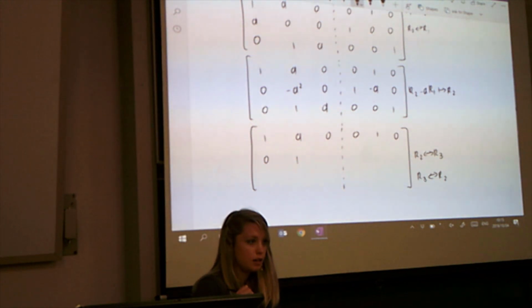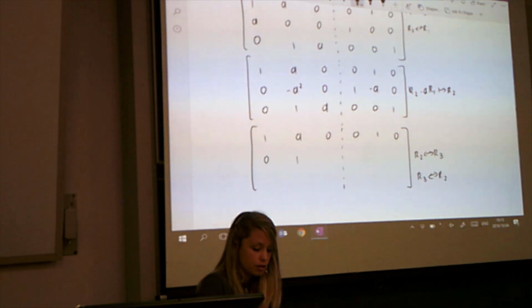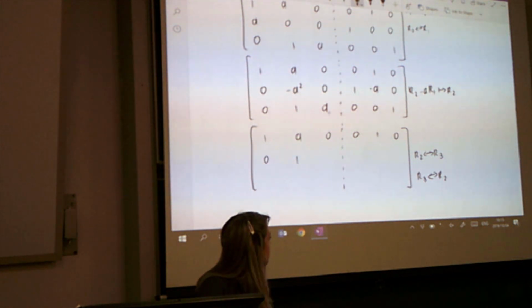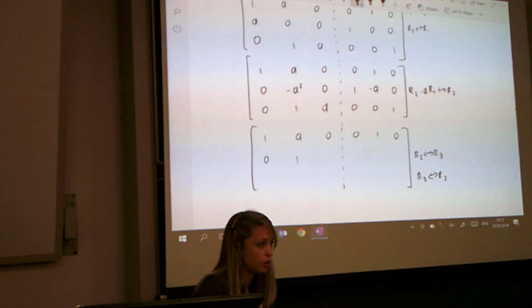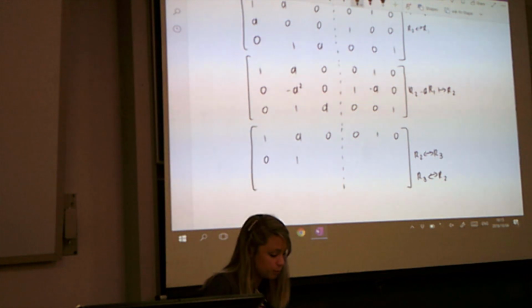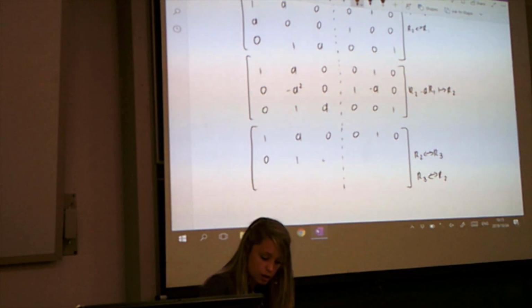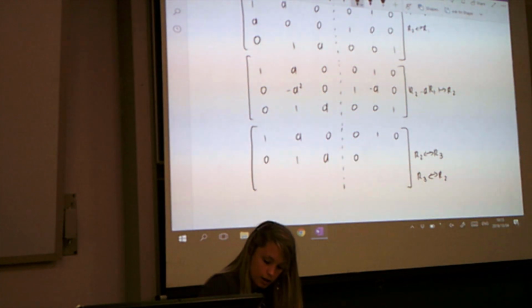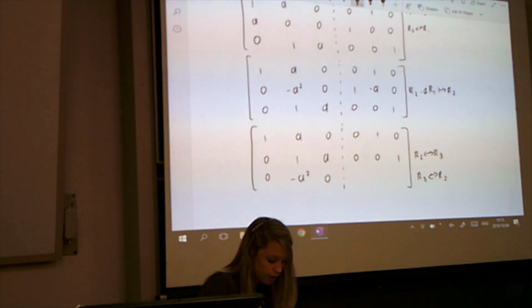It's supposed to be an A. Sorry guys, I just rewrote it incorrectly. So I'm swapping the 2 rows now, so it's A, 0, 0, 1, and then I have 0 minus A squared, 0, 1 minus A, and 0.